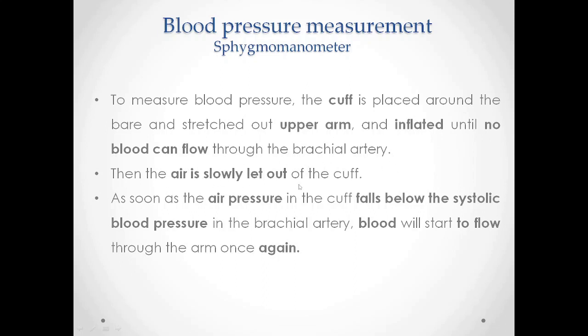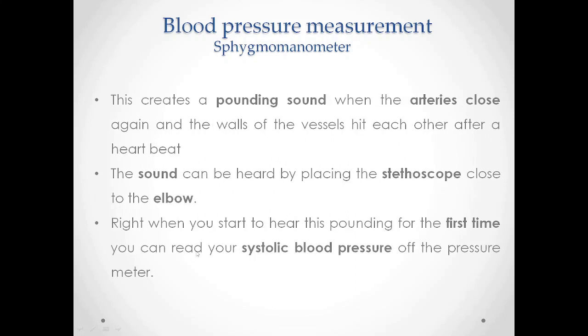Now the air is slowly let out of the cuff. When the pressure falls below the systolic pressure, blood starts to flow into the arm once again. You will hear a pounding sound where the arteries close and open. That sound can be heard using a stethoscope, as I already mentioned.